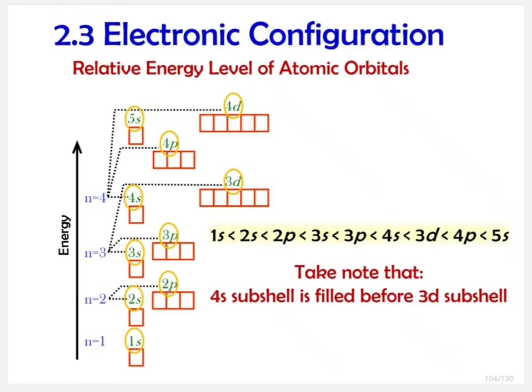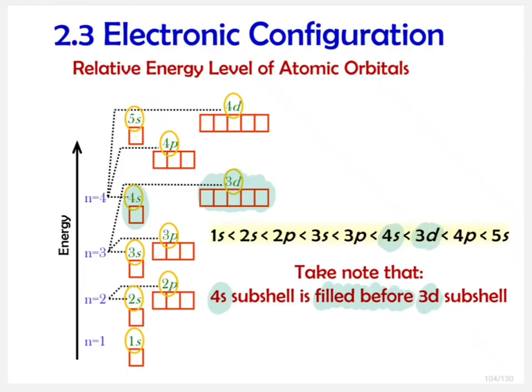But if you see here, please notice that 4s is actually lower energy compared to 3d. Jadinya saya nak highlight dekat sini. Please remember and take note that 4s is filled first before 3d. Fill 4s before 3d, because here you can also see that 4s dulu baru 3d.